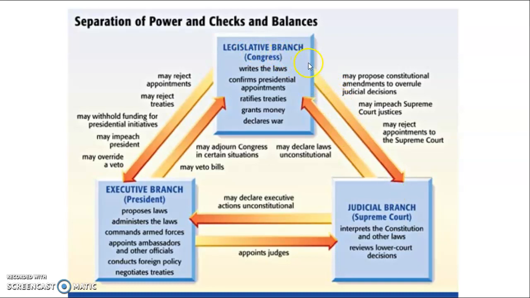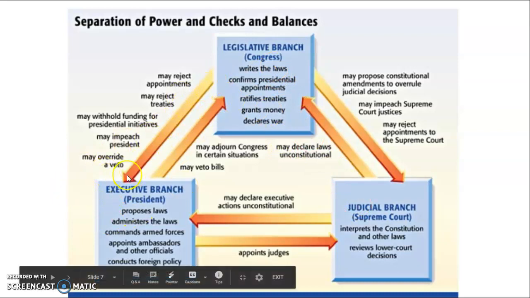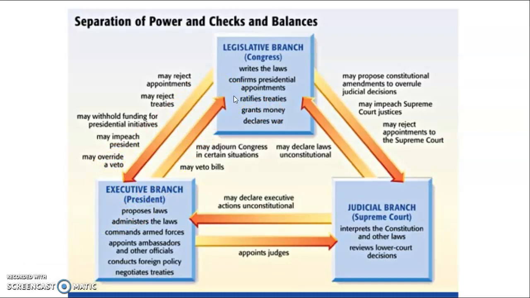These are the checks, or the powers, that we have over the judicial branch. The judicial branch also has powers, that's the arrow going up to the legislative branch, that they have over the legislative, and vice versa, and how that works. So that's a really good chart to use in your upcoming assignment if you need to.